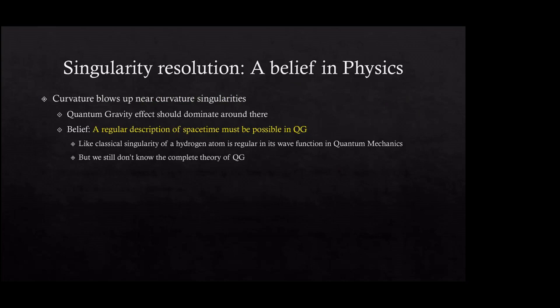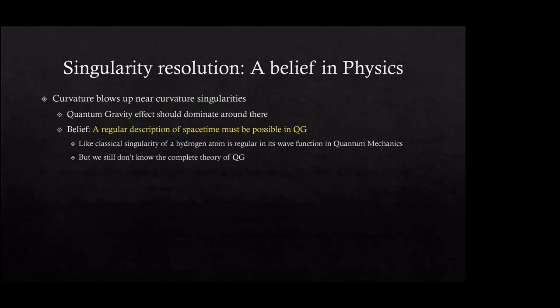And we know that the curvature blows up near the curvature singularities, and naturally the quantum gravity effect should dominate around there. Then there is a belief in physics that a regular description of space-time must be possible in quantum gravity in some sense.